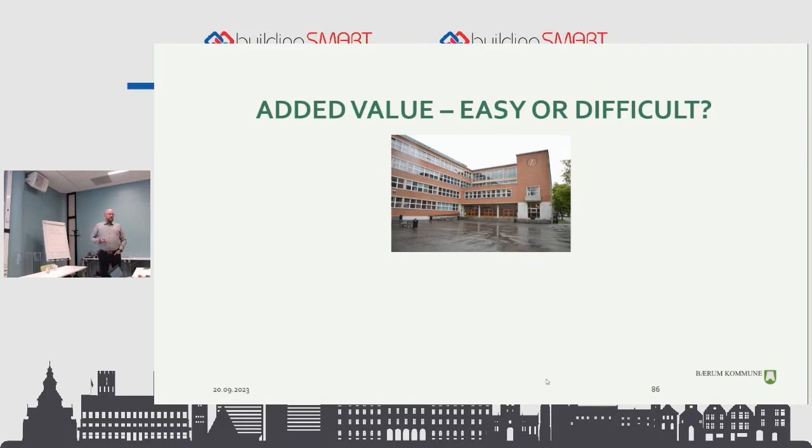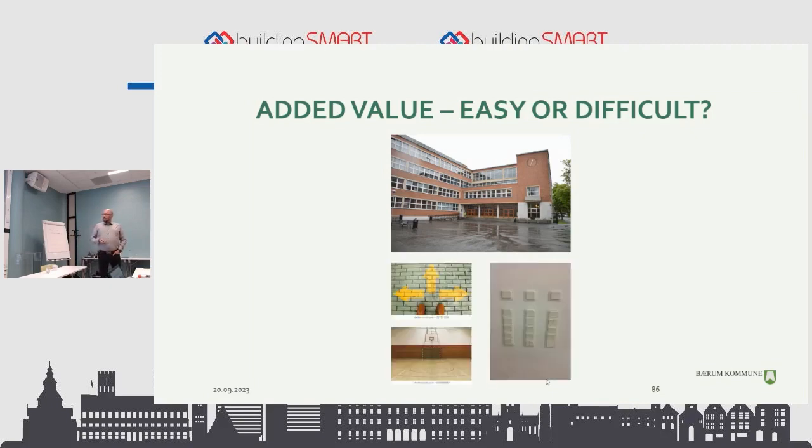They can book this building online, and to use the building, they will have to open the doors. They will have wayfinders to get to the room they are borrowing. They will have the end user information, how to use the rooms, and how to use the objects in the rooms.